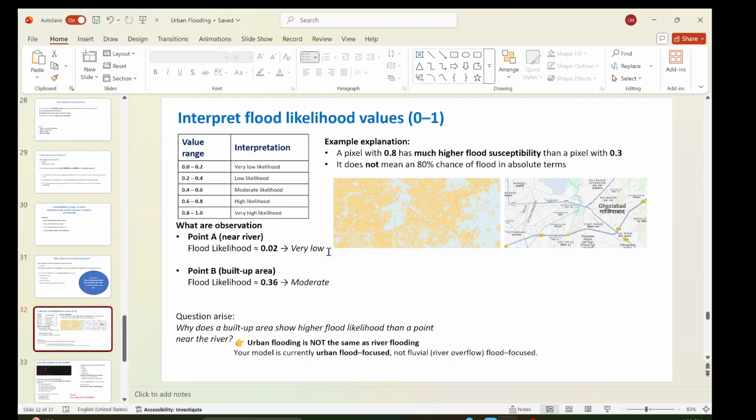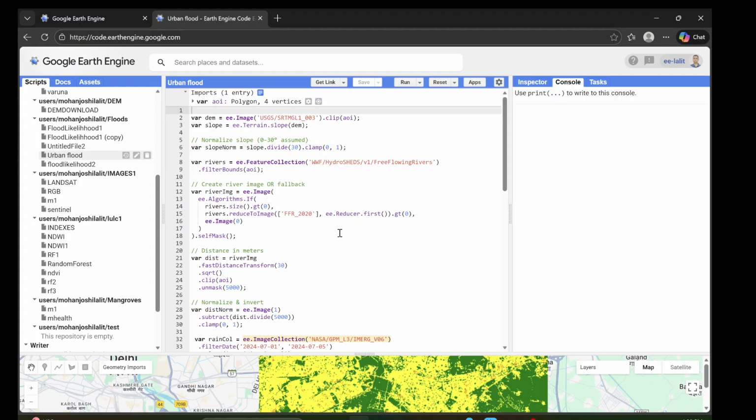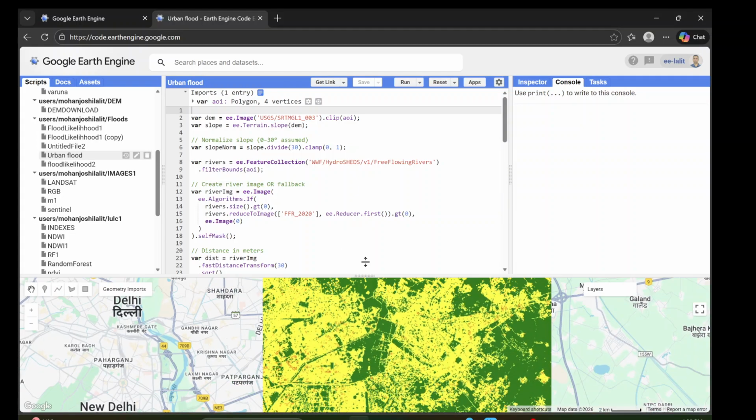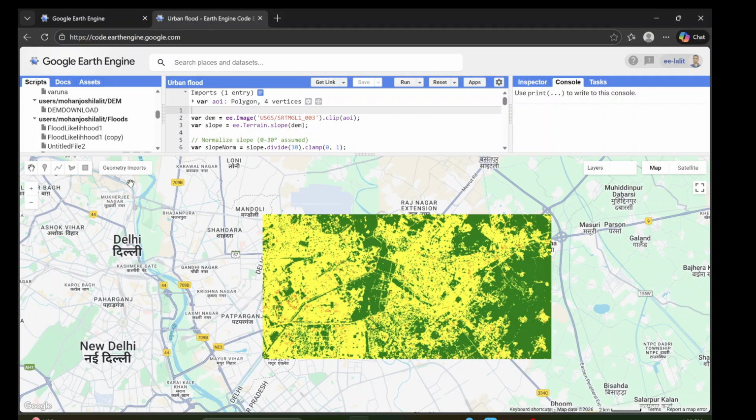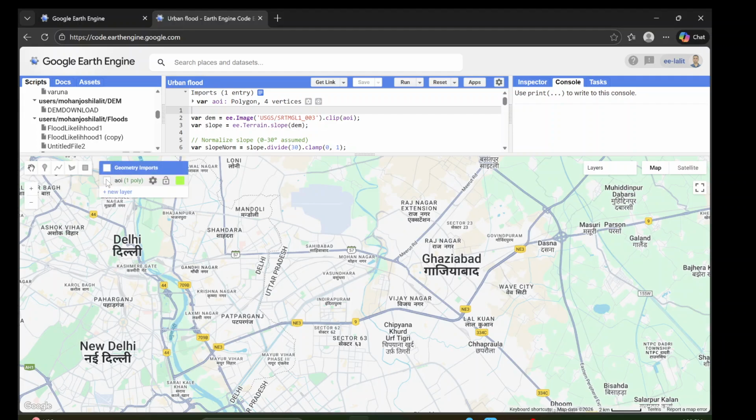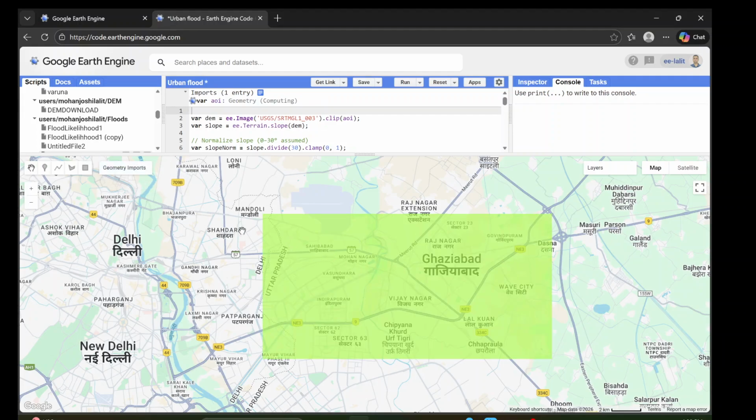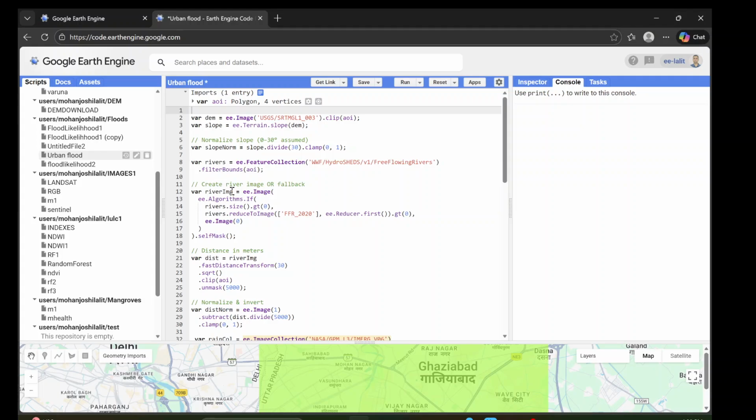In this video I have taken another area compared to earlier. It is mainly urban focused. This is the same area, but I have just extended it, and this is mainly urban related flooding. Similar to my previous video, I added the DEM, created slope from the DEM, and normalized the slope.